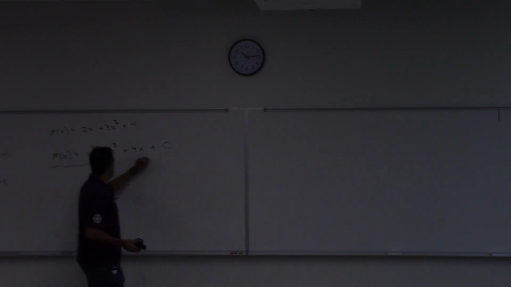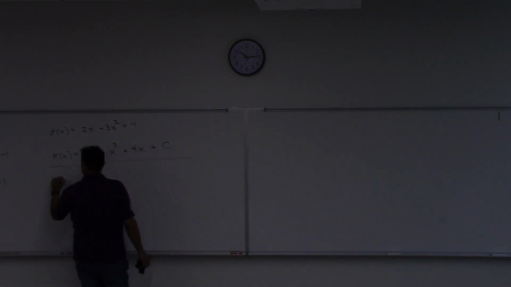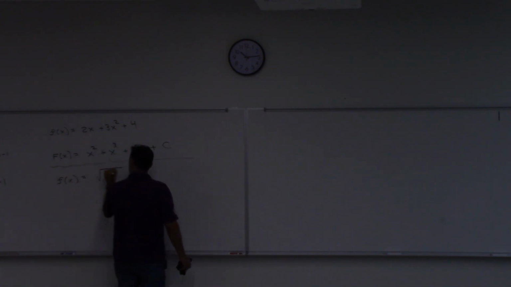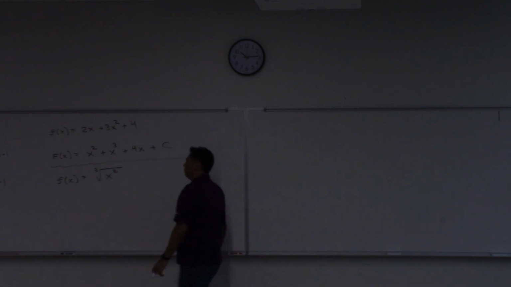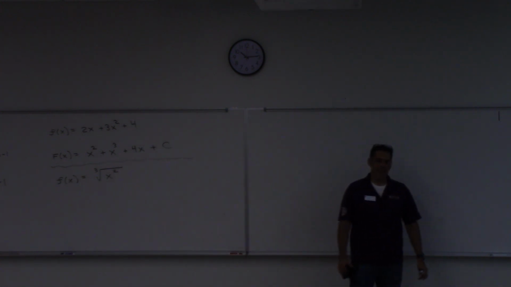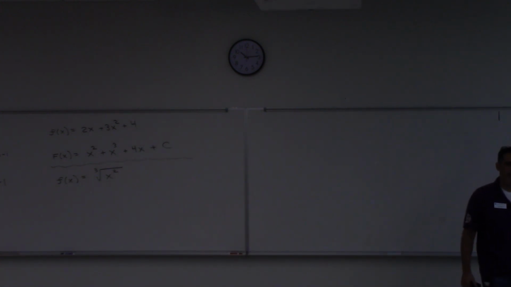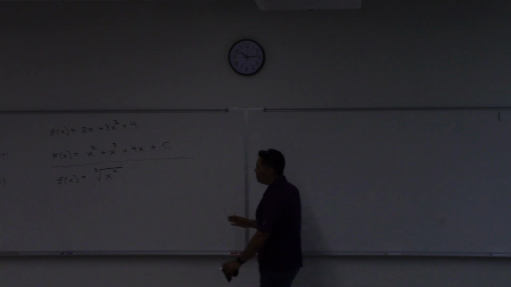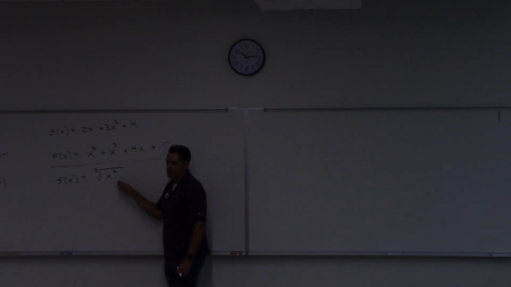Now I'm going to give you one where we're probably going to have to use the formula. All right? So what about this? What's the antiderivative of this? You're probably not going to just look at that and know the answer.